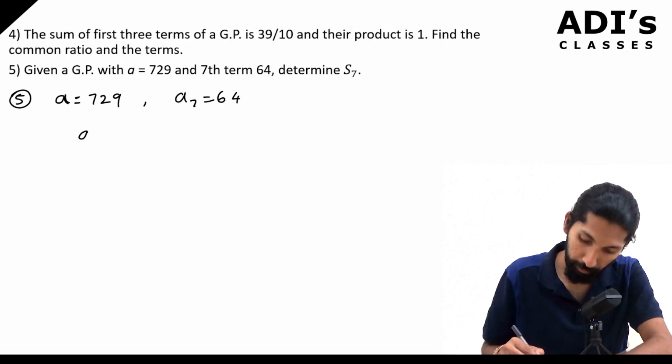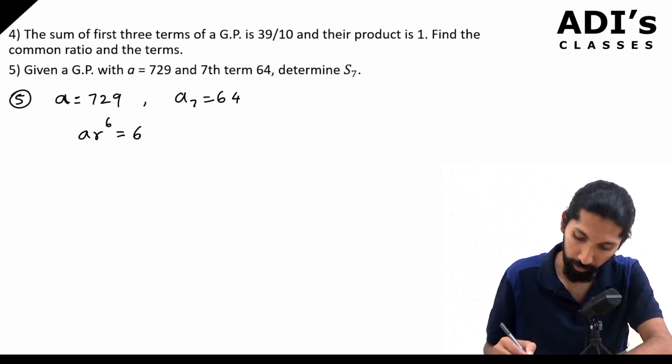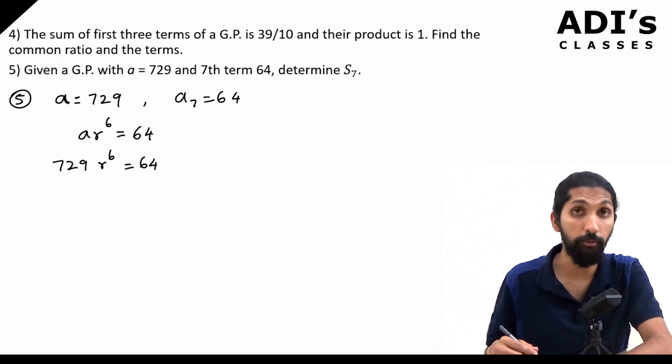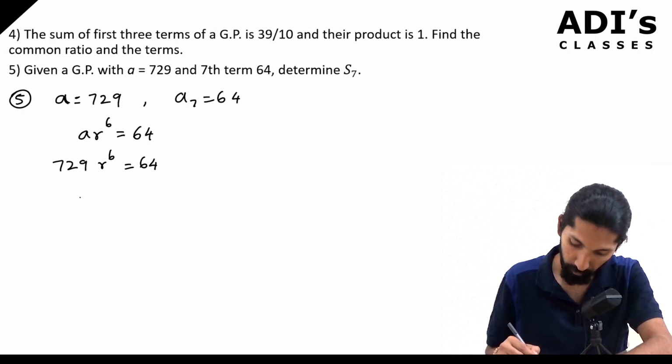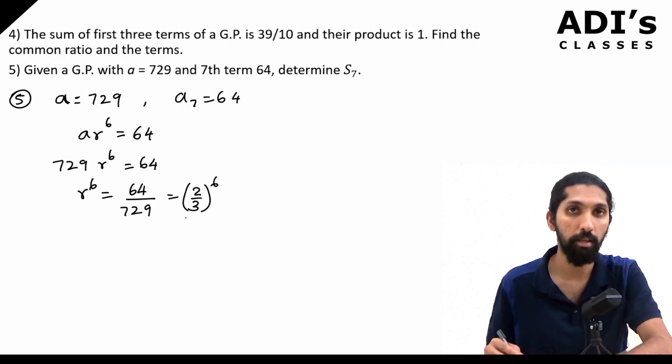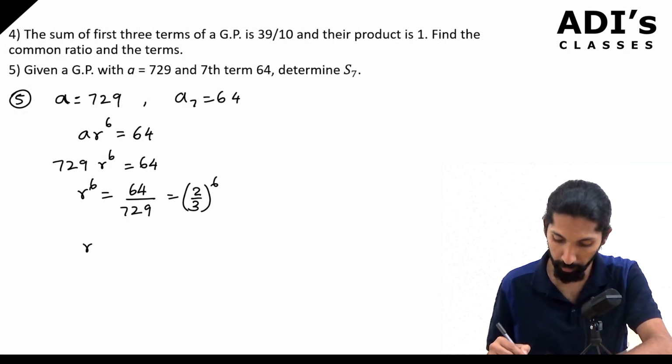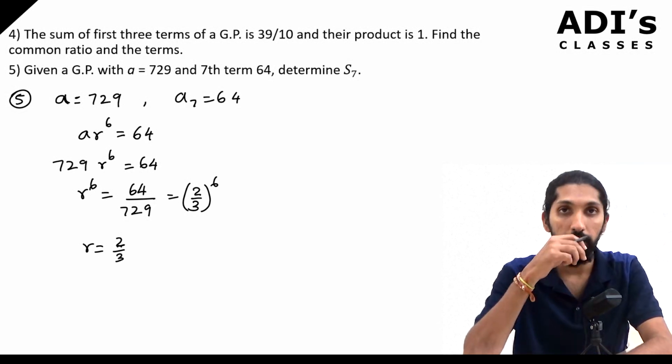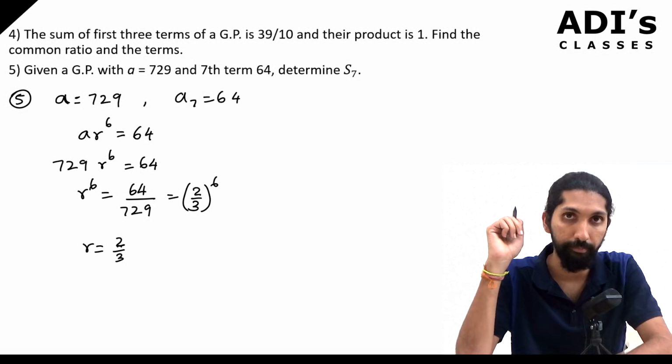So AR power 6 is 64, that is 729 into R power 6 is 64. R power 6 is 64 divided by 729, which is nothing but 2 by 3 whole to the power 6. So R value becomes 2 by 3.